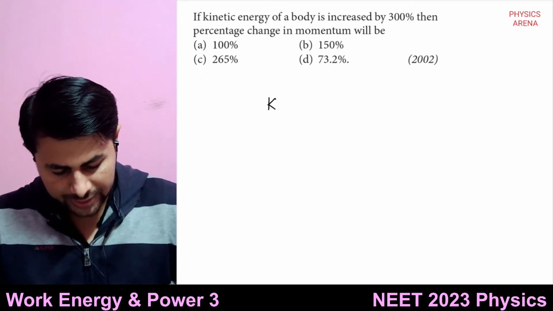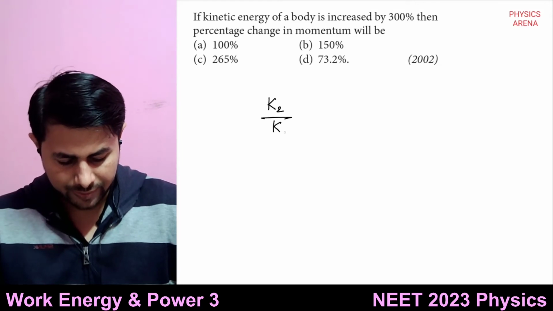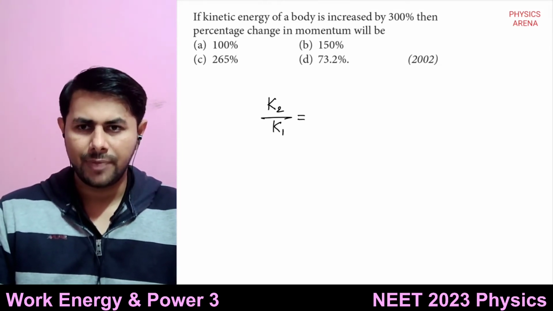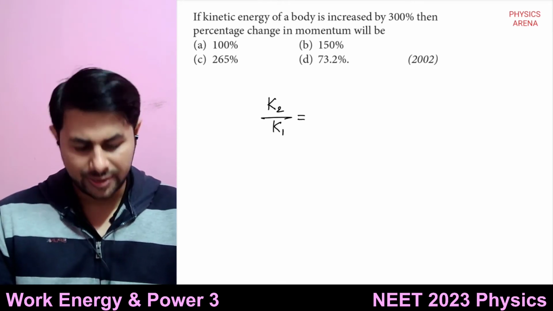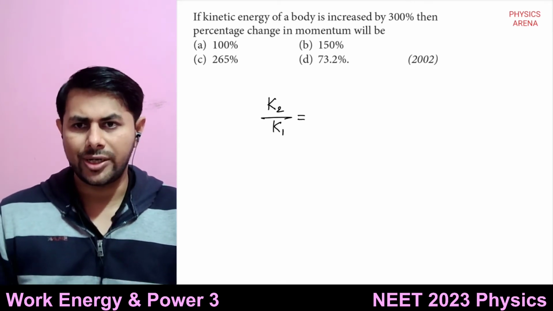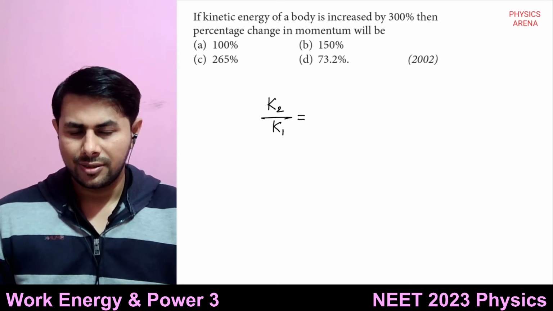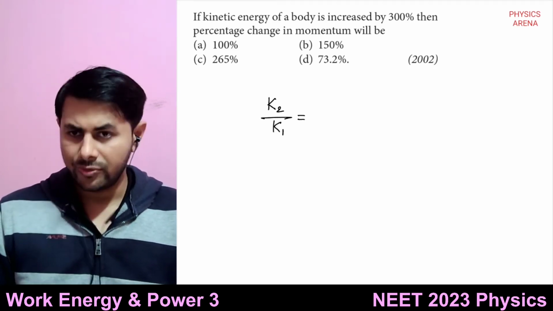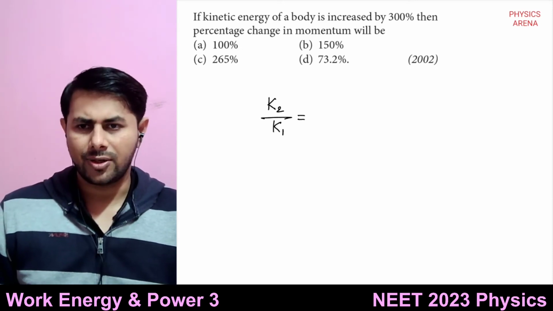Okay, so we can say K2 upon K1 equals to how much? What will be the ratio? If it increases by 300%, that means K2 is 400% of K1.